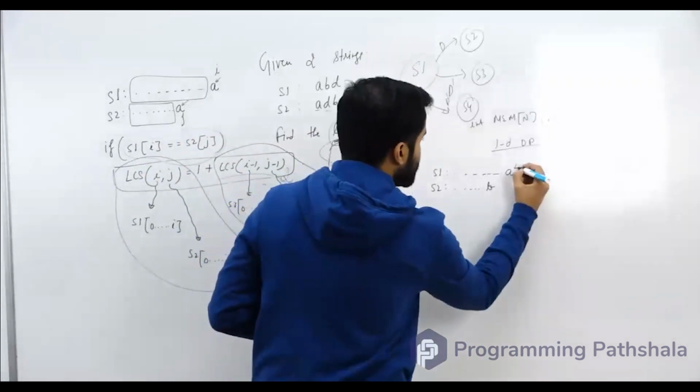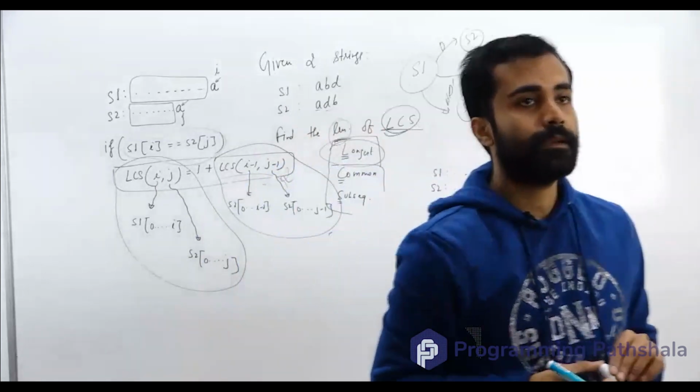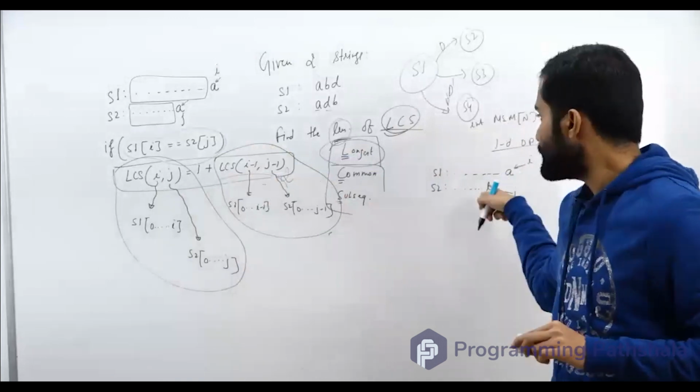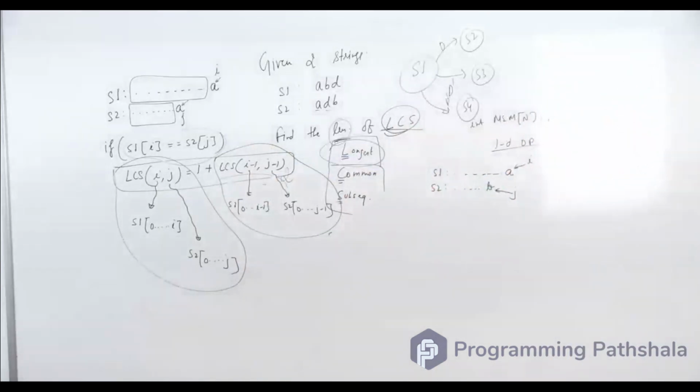This is your ith character, this is your jth character. Will the same recurrence be applicable for this scenario where S1 of i and S2 of j do not match? The answer is no. Why? Because of a very simple reason: A and B do not match against one another, so their match cannot make a contribution. In fact, it is incorrect to say their match, because they are not matching at all.